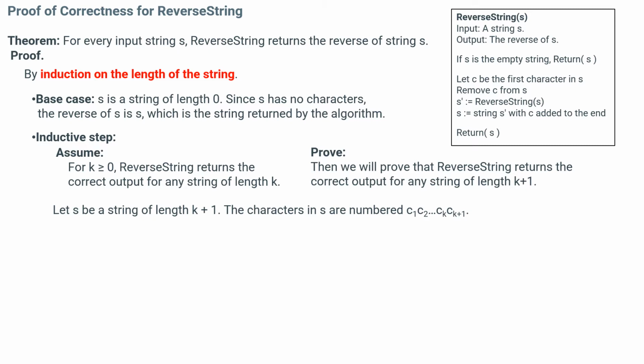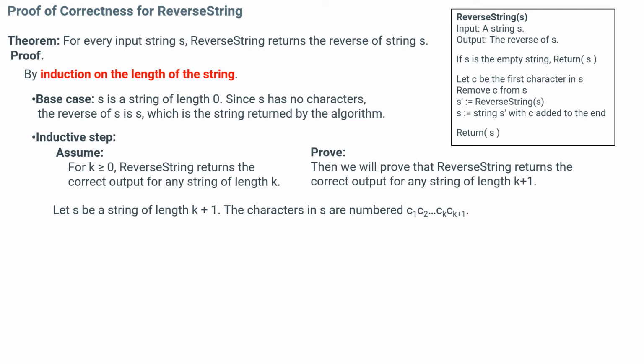So let's start looking at S. Assume that S is a string of length k plus 1. We would need to somehow prove that what comes out of this algorithm would indeed be reversed. So here's what we can do now that we know how long our string is.